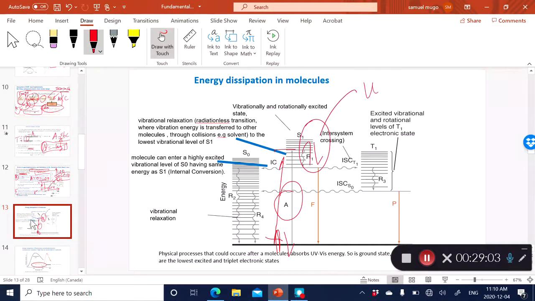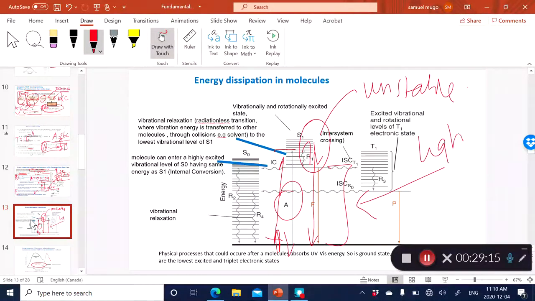They are very unstable, and so they tend to relax back to the low energy levels. With that relaxation, light is emitted, okay? So other than absorption spectroscopy, you also have emission spectroscopy: the light that is emitted following an event of absorption.